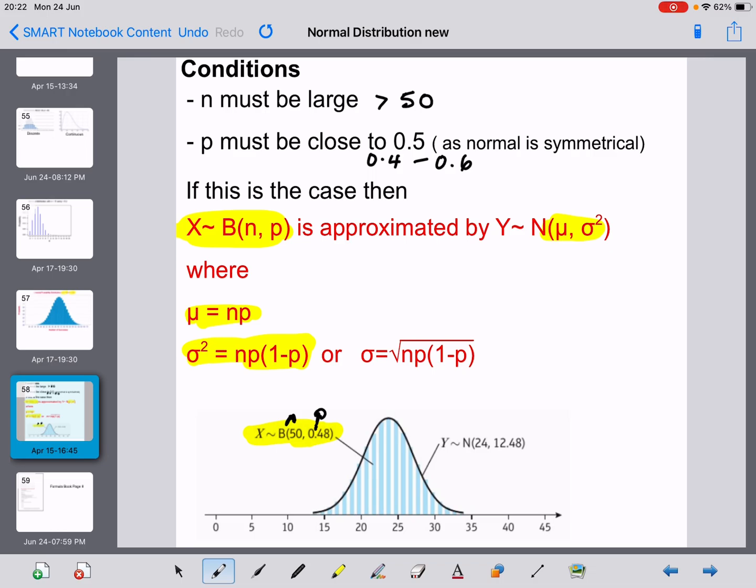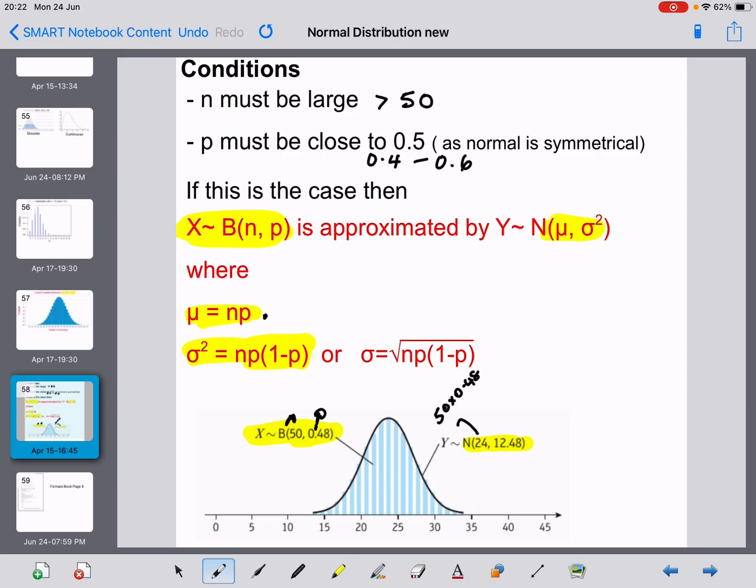Over the top of that is a black curve. That black curve is the normal distribution curve, and it has a mean of 24 and a variance of 12.48. So that 24 is the product of 50 and 0.48, so that's the np.